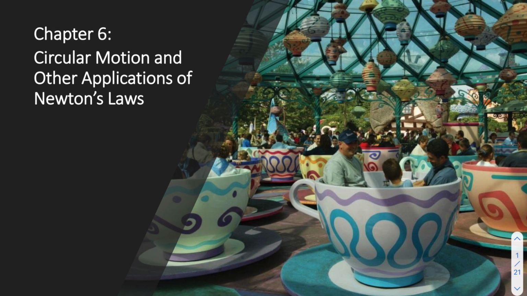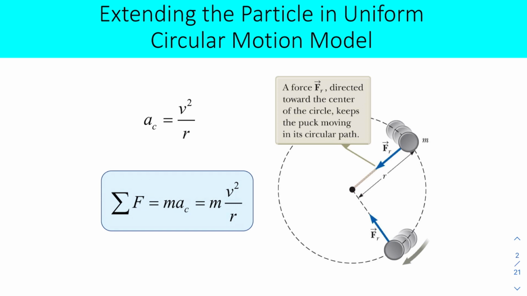Alhamdulillah. We are now going to proceed to chapter 6, circular motion and other applications of Newton's laws. We are now extending the particle in uniform circular motion model, whereby we want to learn about centripetal acceleration. If you see here, this object is moving in a circular path.